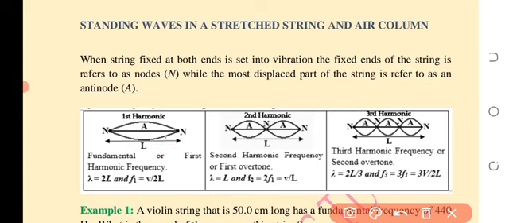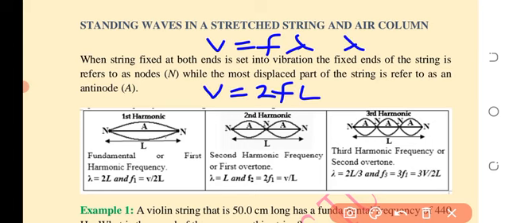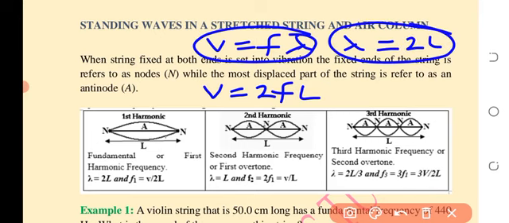We all know that waves in the string also obey the general wave equation, which is V equals F lambda. So using this, we can say our V equals 2FL because our lambda equals 2L. Substituting this into this equation, we are going to have this.